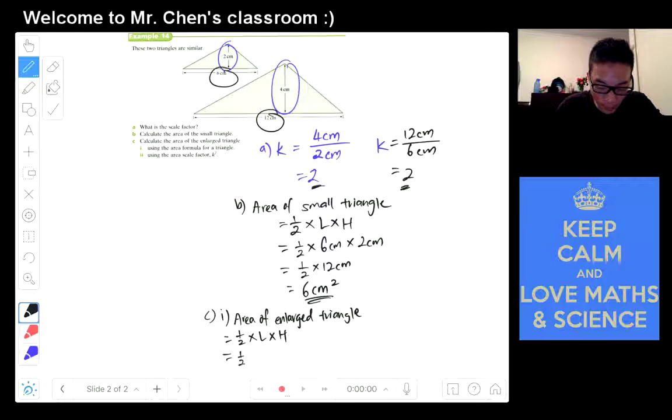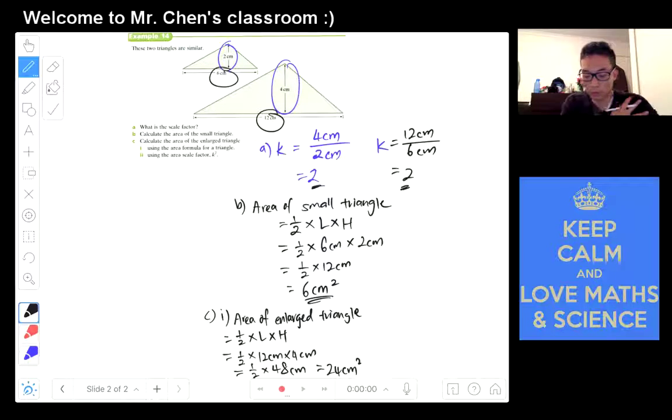The length for the enlarged one is 12 centimeters, the height is 4 centimeters. So half times 12 times 4 is 48, and half of that would be 24 centimeters squared. So the area of the large triangle using the regular formula is 24 centimeters squared.